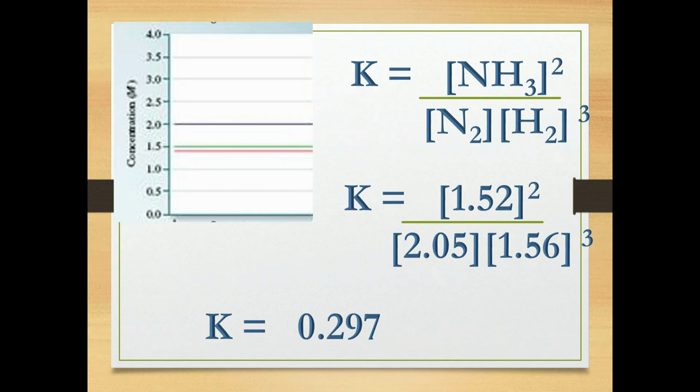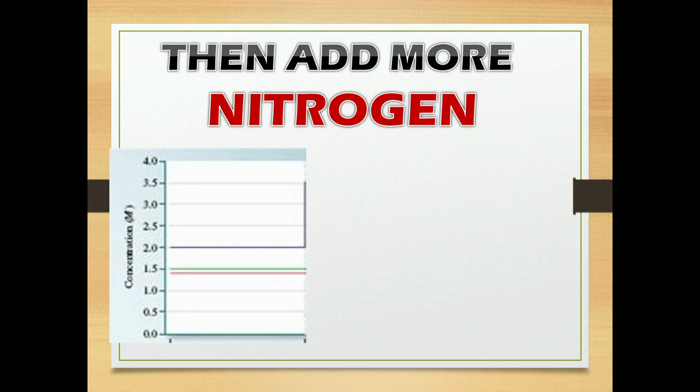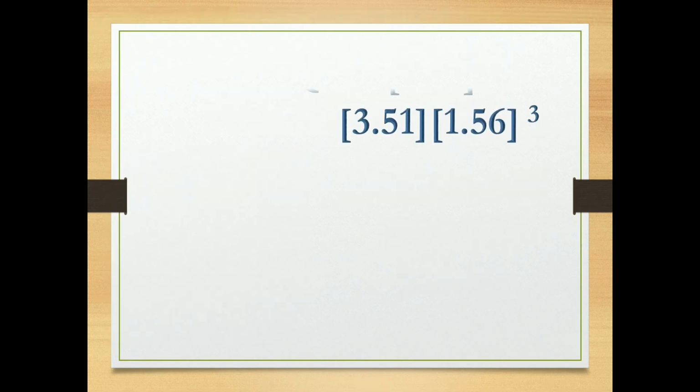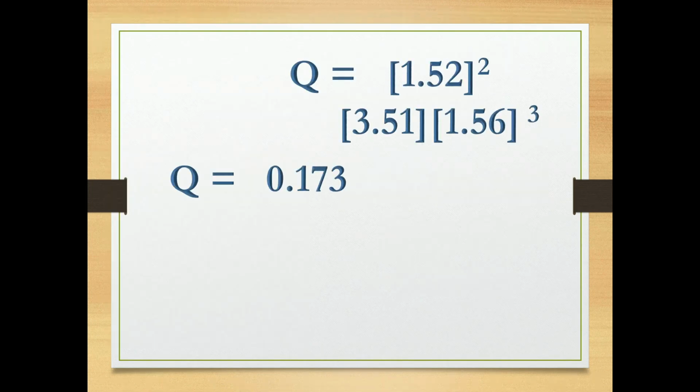That cannot change. K is a constant. I cannot change that. So when I add N2, and I increase it to 3.51, now if I do a Q value, my Q is 0.173. I'm no longer at the K value, so I'm not at equilibrium anymore.